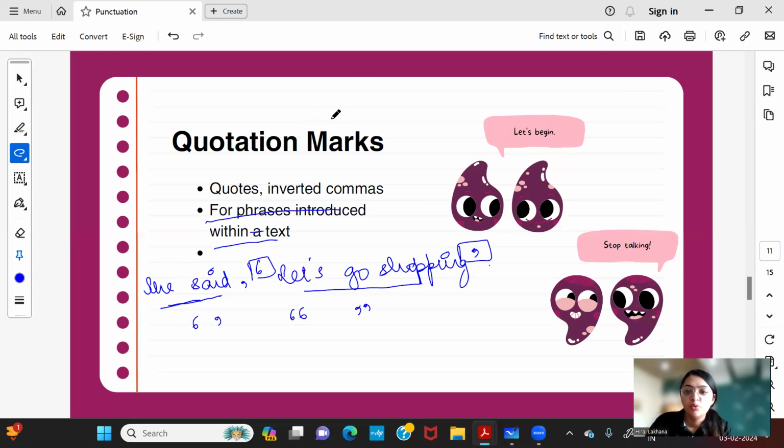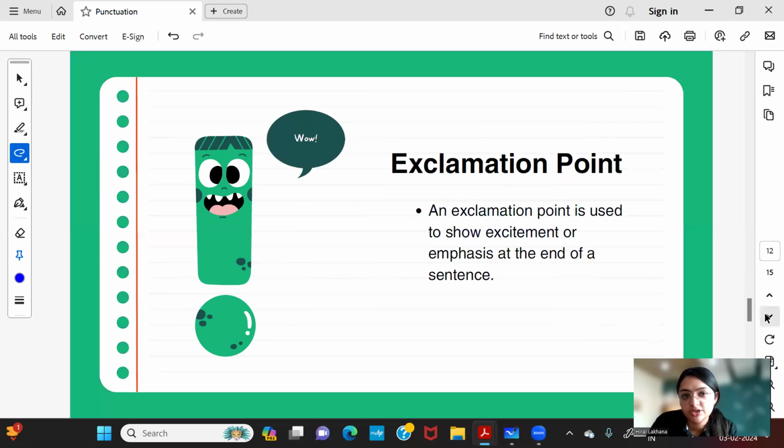Now moving on to the last few types of punctuation marks in the English language. The exclamation point is another very commonly used punctuation mark. This is used when there is an exclamation that forms a part of the sentence, say, for example, wow. We also dealt with this in the parts of speech, wherein wow becomes an interjection.